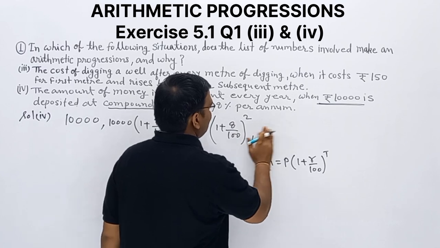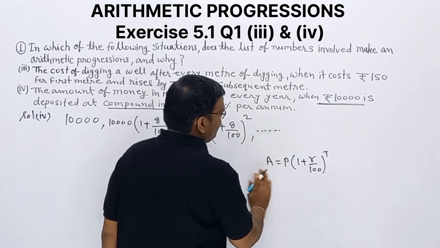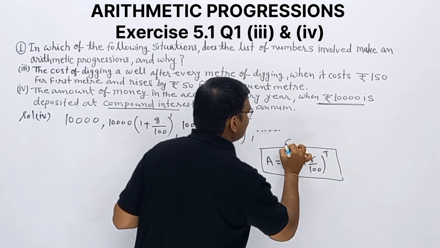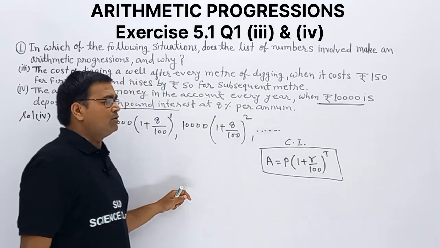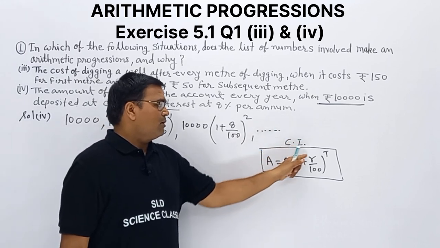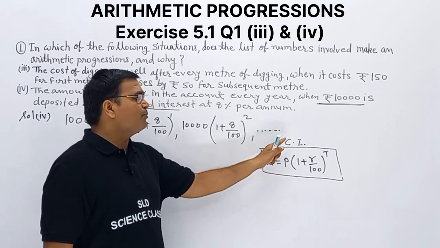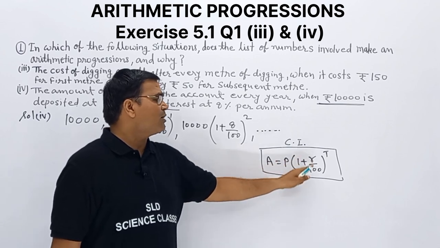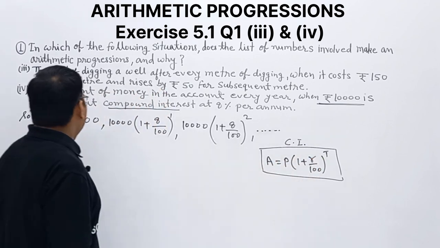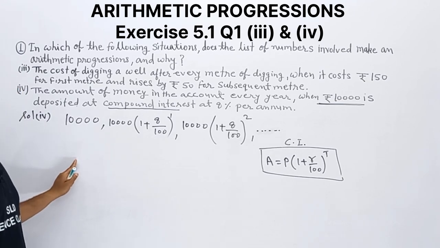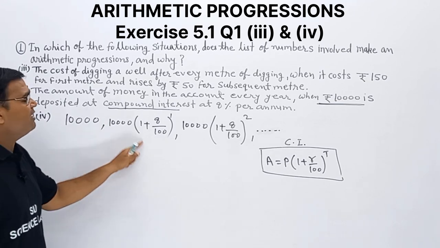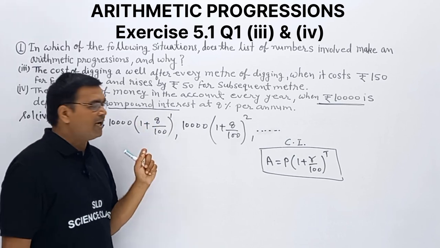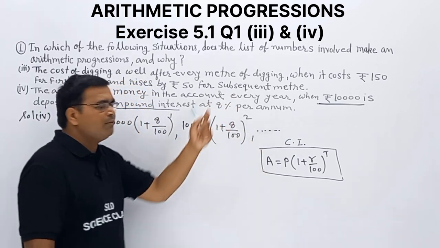Once we deposit any amount at compound interest, the amount will be principal times 1 plus r upon 100 to the power t.